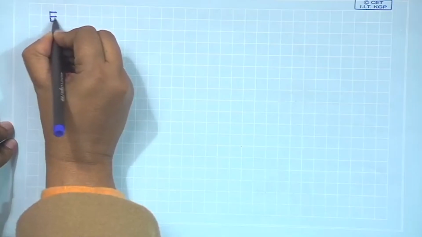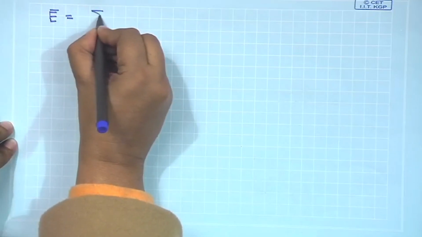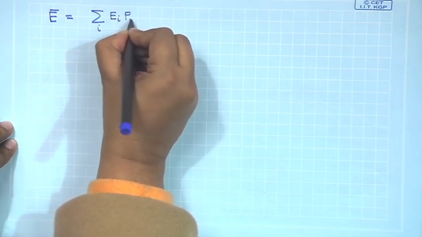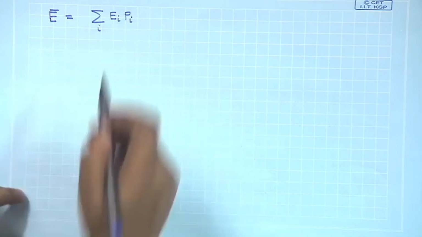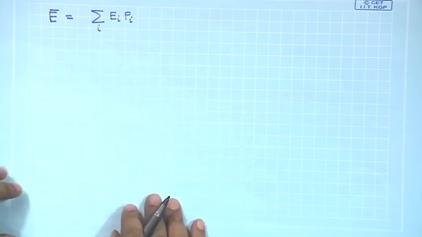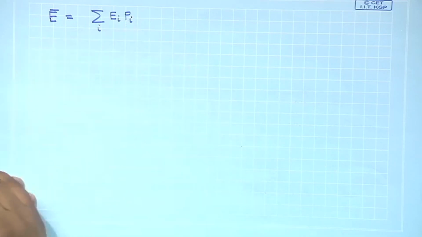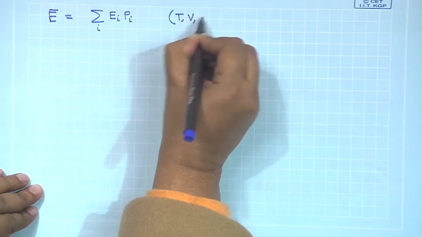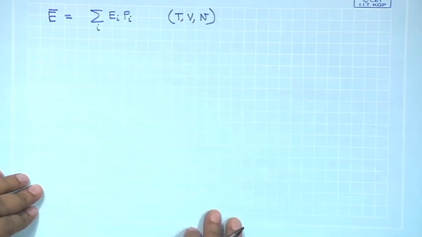Of course, by definition, this average energy is given by the summation over i of Ei Pi, right. So, Ei for the ith microscopic state is the solution of the Schrodinger equation. So, this is the ith energy eigenstate and Pi is the probability that the system resides in this ith microscopic state under the given condition of temperature, volume and number of particles.